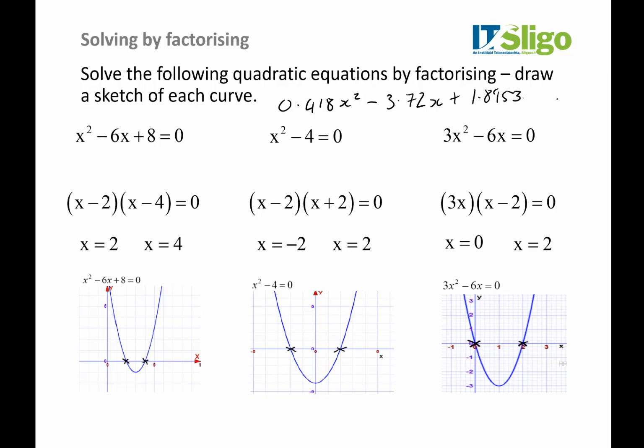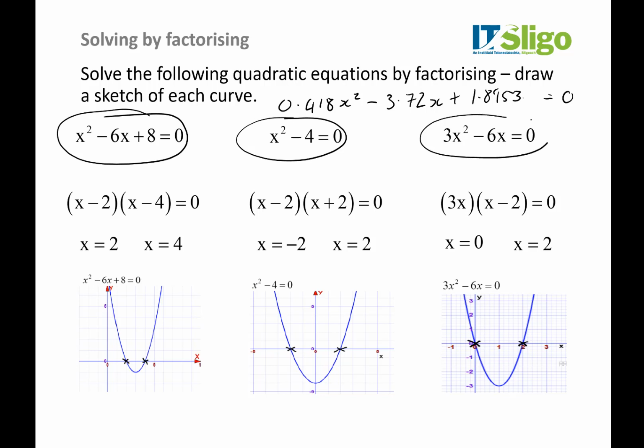That's much more typical of the kind of quadratic you'd come across in science. So these methods just don't really apply. They apply nicely in the nice safe world of maths, but as soon as you bring it into the real world, in a laboratory situation you'd very rarely have an opportunity to use them.